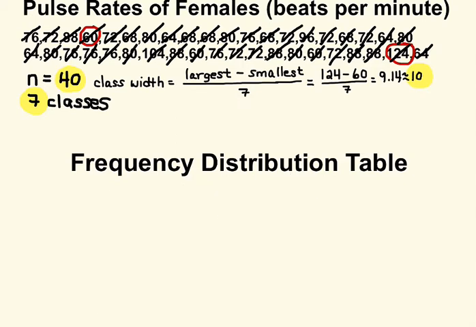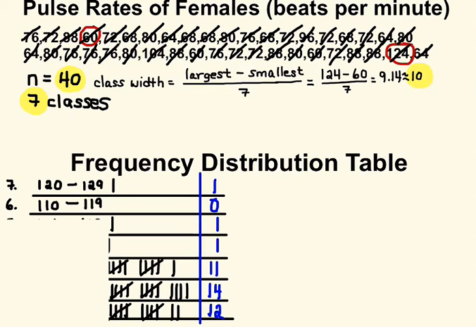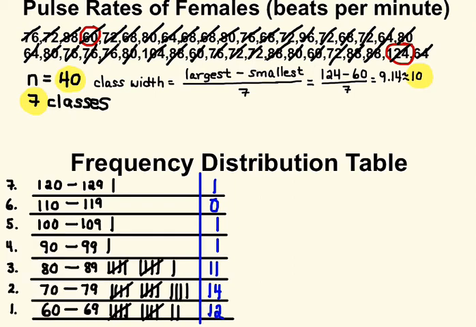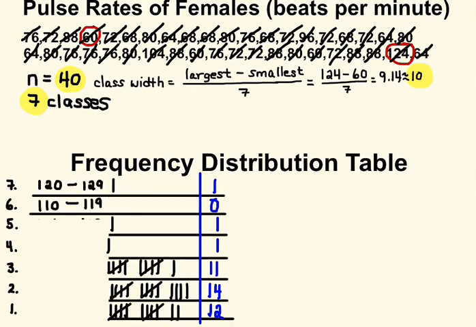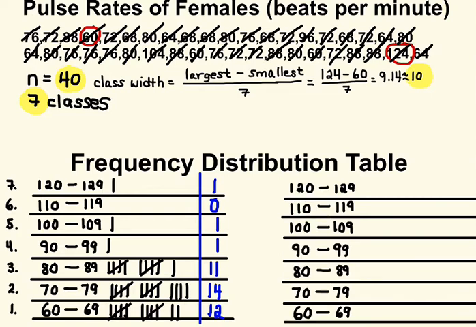Now the frequency distribution table usually would just consist of our classes. So I'm going to grab the classes and let me copy those, but just the classes without the tick marks over here to the right. There they are.